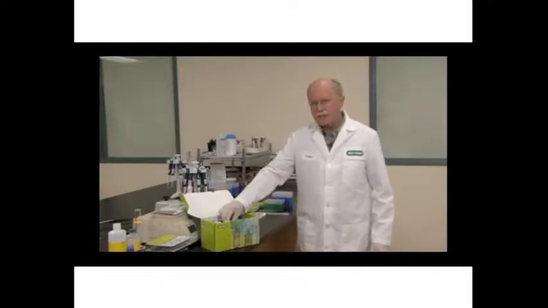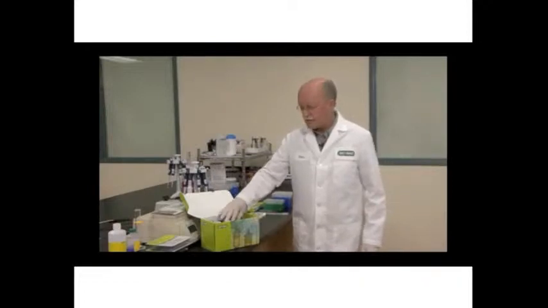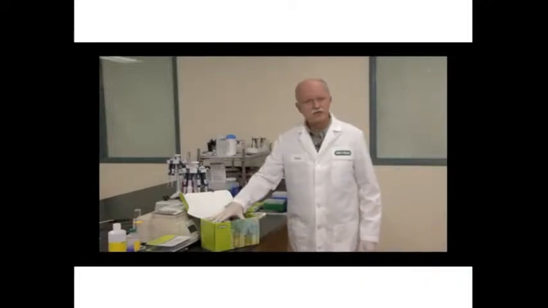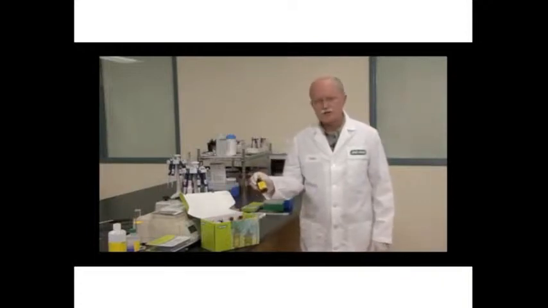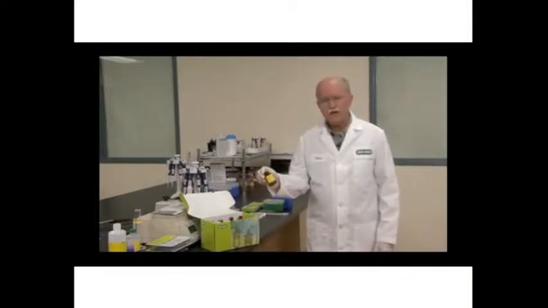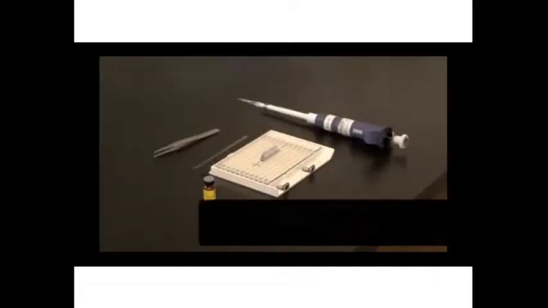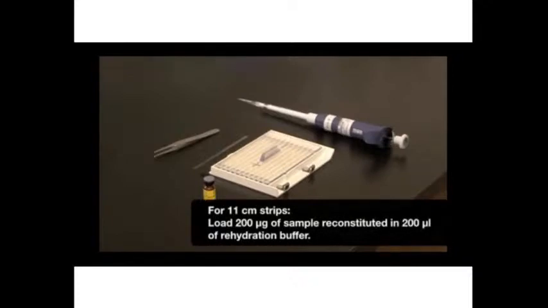The first step is to prepare the sample and the reagents according to the instructions in the manual. The components of the rehydration buffer are urea, CHAPS, DTT, ampholyte, and bromophenol blue. I will be loading 200 micrograms of E. coli sample that has been reconstituted in rehydration buffer onto an 11 centimeter pH 4 to 7 IPG strip.